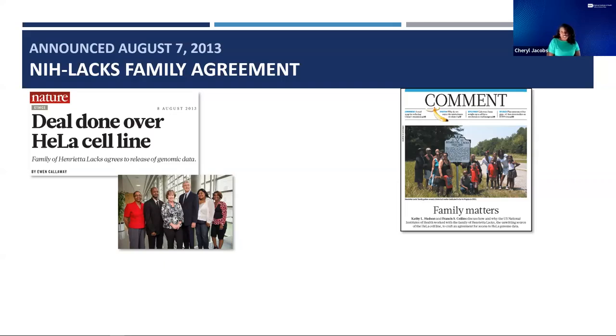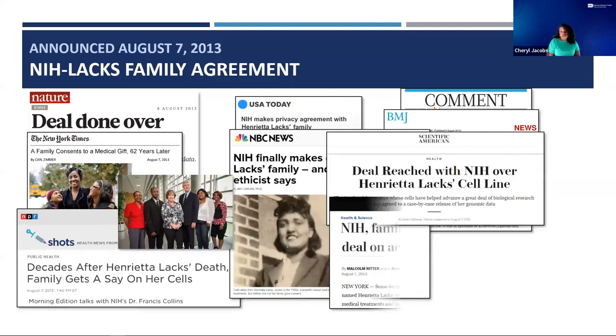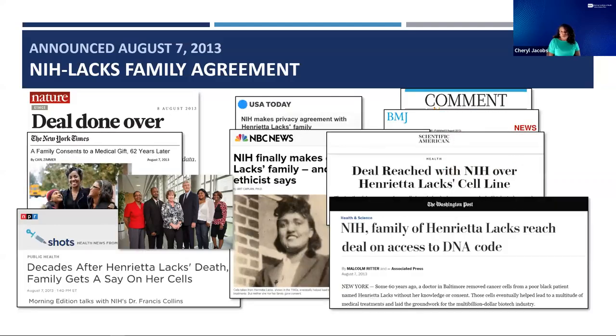This got a lot of press in journals and newspapers alike. And we see some of those who crafted this agreement. In the portrait, center left, we see former NIH Director Francis Collins with former Associate Director for Science Policy, Kathy Hudson, to his left, and they're both flanked by members of the Lacks family.